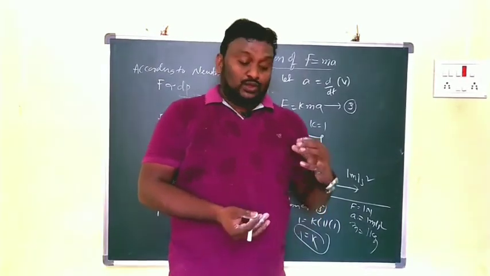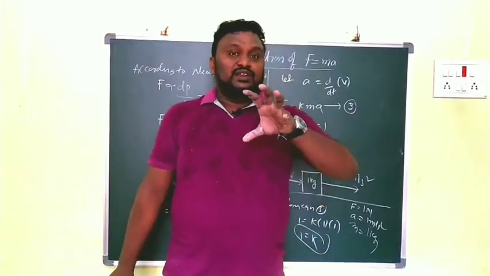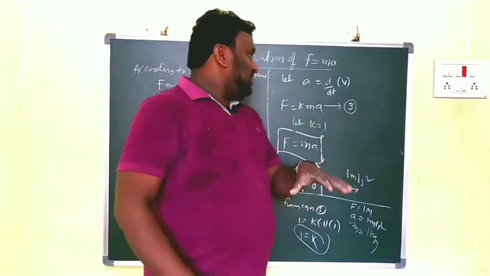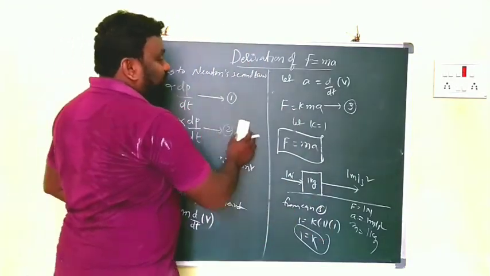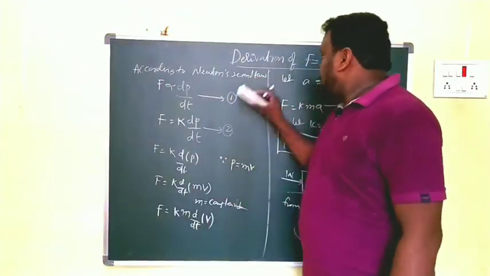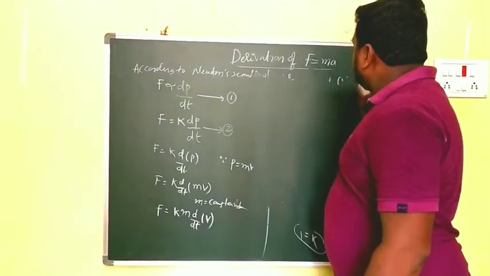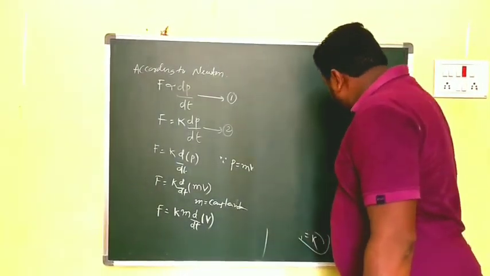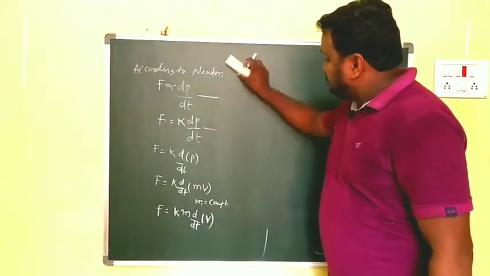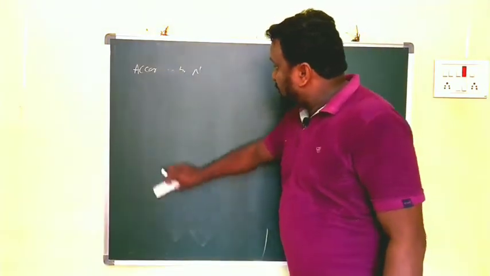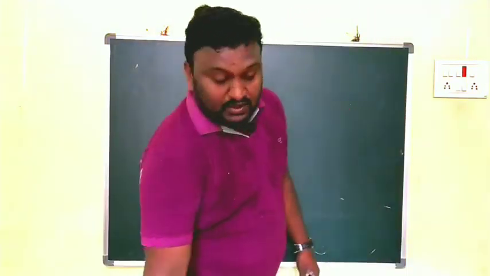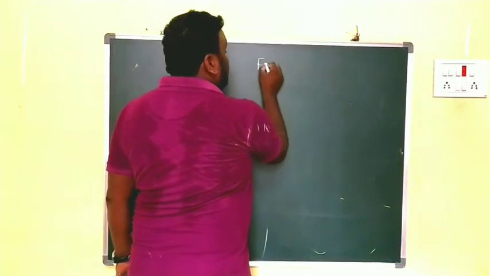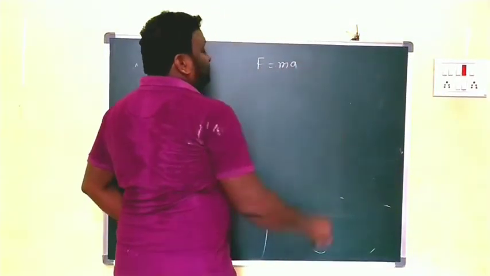Children, here there is some relation between Newton's second law and first law. Just see here, very simply I will tell you. Here we know that F is equal to ma.